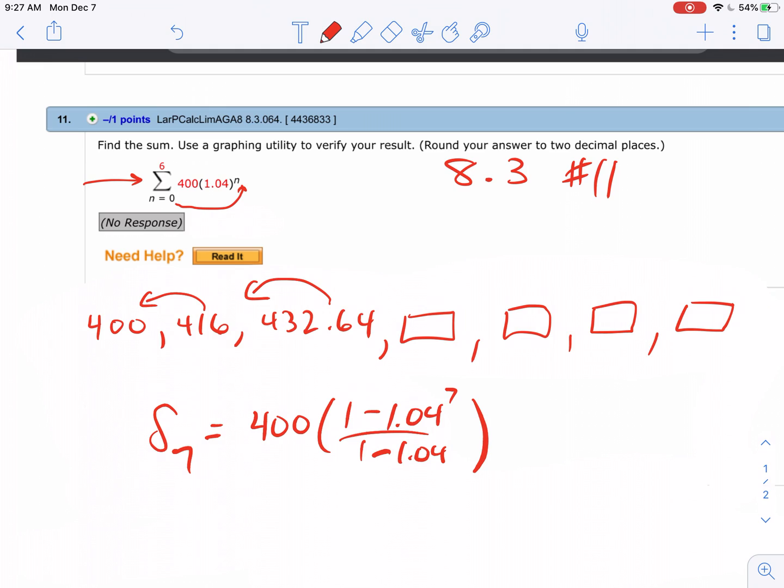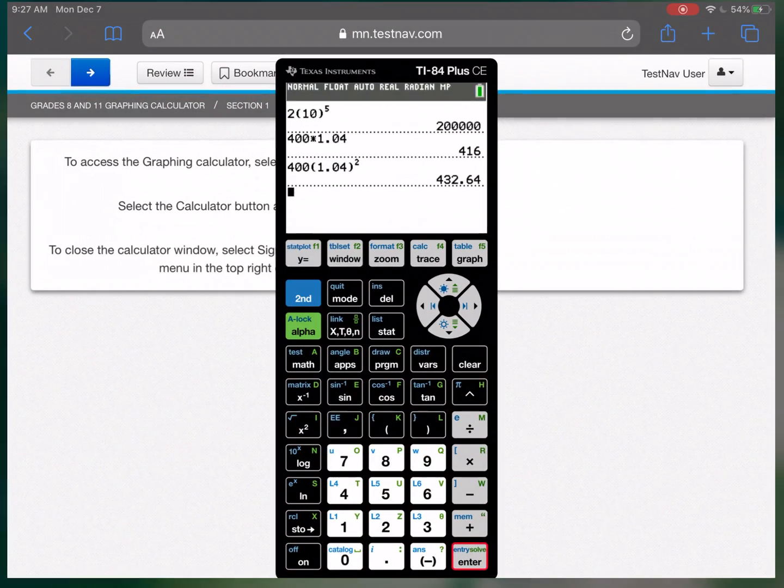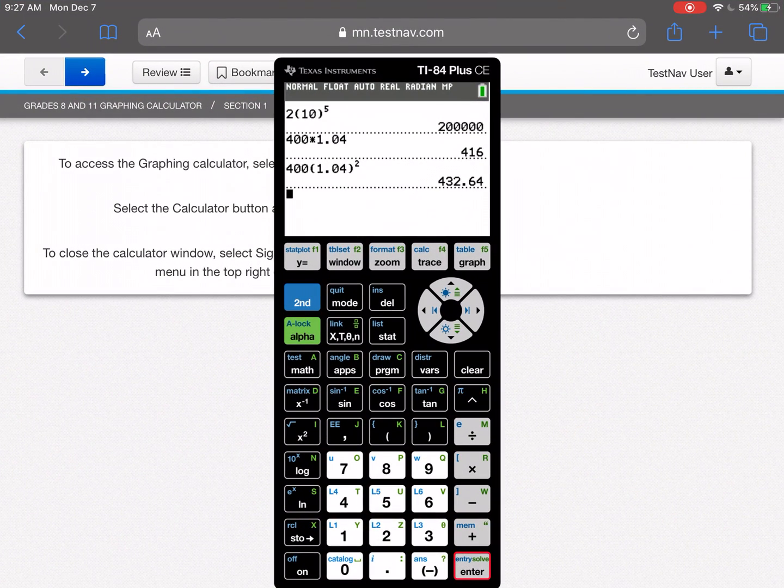So if I use my calculator, well, you could do it all at once if you wanted to. But a lot of times I might just do 1 minus 1.04 raised to the 7th.